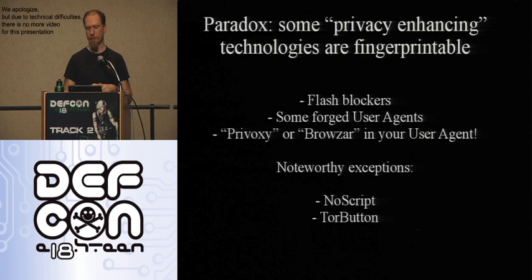Okay, those are probably not Firefox. The noteworthy exceptions to this problematic rule about privacy-enhancing stuff defeating your privacy were NoScript and TorButton, which both are fingerprintable, but the amount you gain from having them turned on outweighs the amount you lose from them.